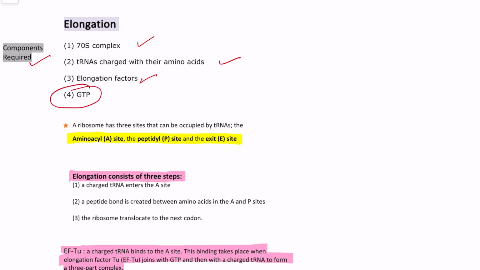As I have told you, there are certain sites involved in the process of elongation of translation, right? And these are the aminoacyl site, peptidyl site, and exit site. Now the question is where these sites are present. I'll try to make you understand where these sites are present, right?